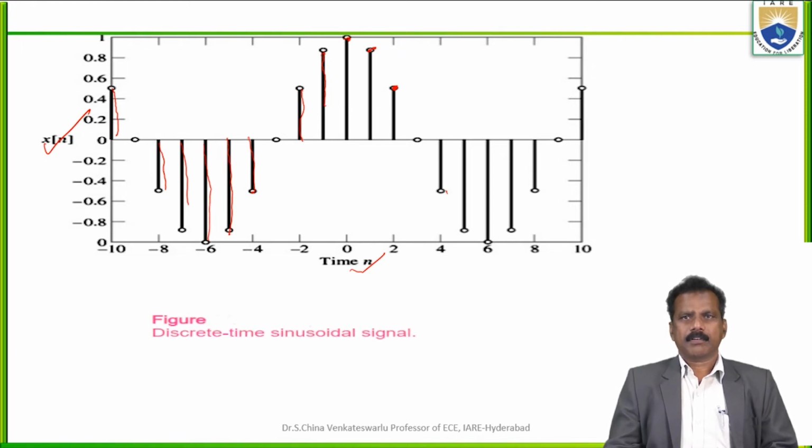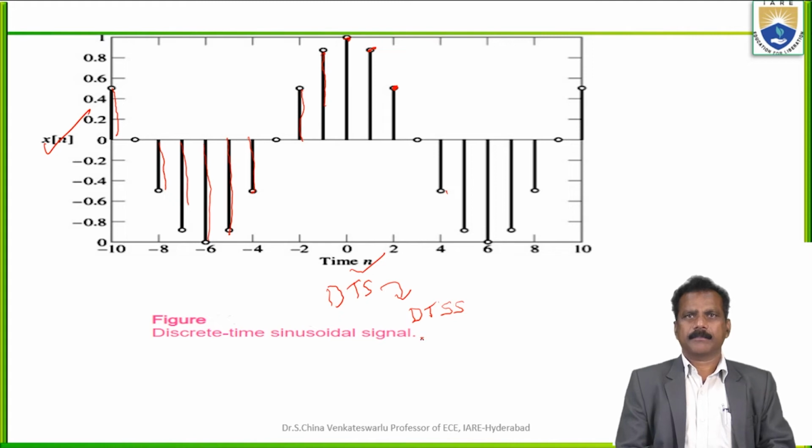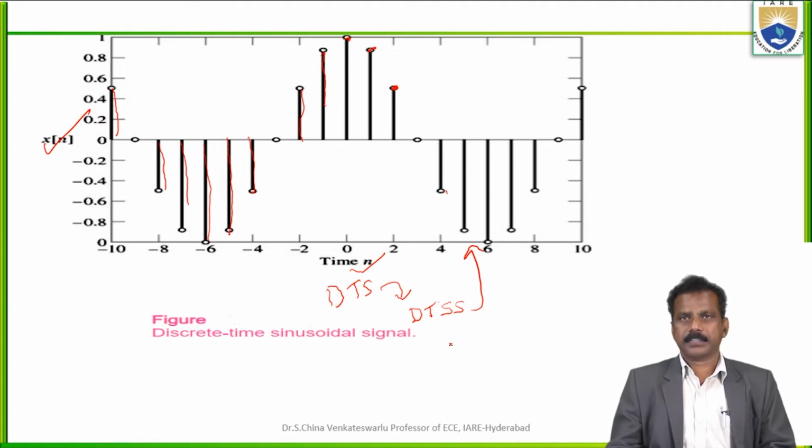This figure shows a discrete time sinusoidal signal. We represent the DTSS graphically with the help of the mathematical notation.